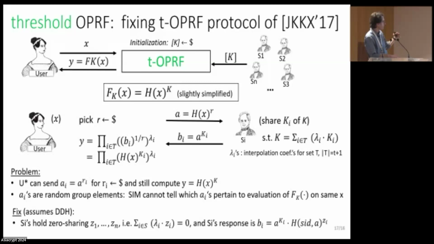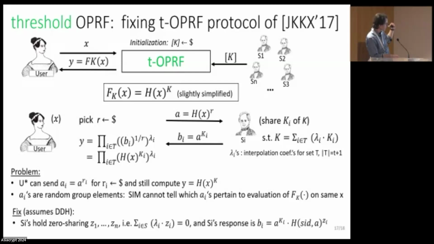Because every server can just exponentiate this value to the key share, then this is the blind exponentiation protocol. She blinds to the exponent, and then she's going to remove this blinding here. And she's going to use the standard interpolation to evaluate this. And because the sum of these values reconstructs the key, she's going to reconstruct hash of x to the k here.